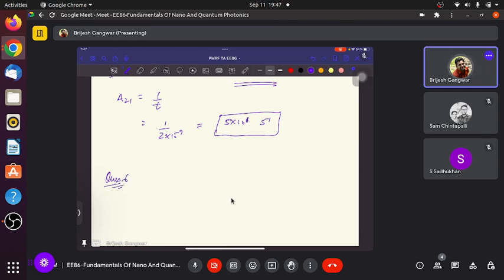Question 6 is: the rate equation for stimulated emission process is.